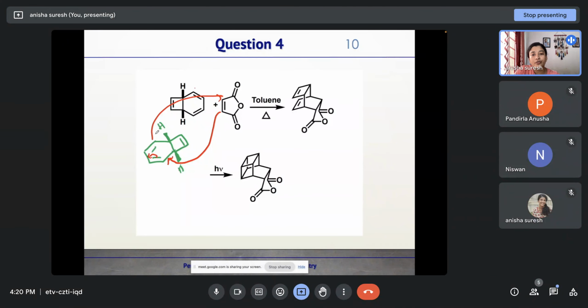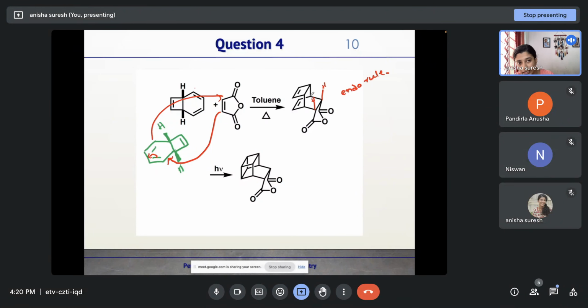So this part of the starting material will be coming as a bridge here, as you can see here. Okay, and following the endo rule, this will be coming below the plane. Both the hydrogens will be coming above the plane according to the endo rule of the Diels-Alder reaction.